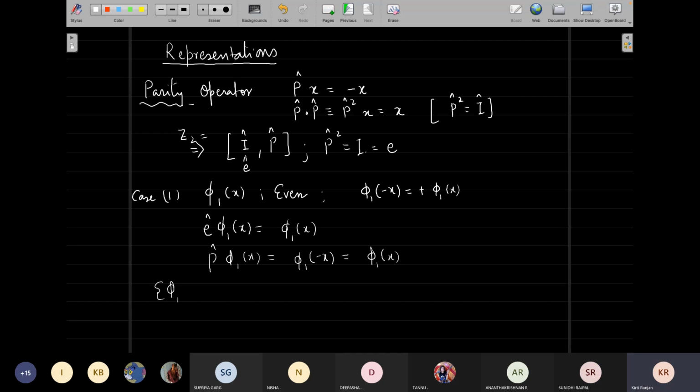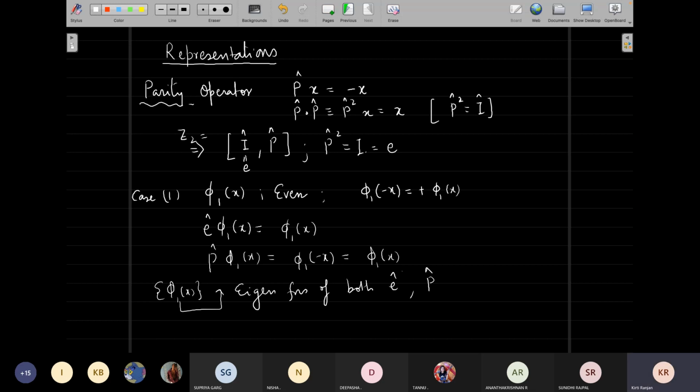This phi 1(x), this set of even functions, they are nothing but the eigenfunctions of both the E operator as well as the P operator.